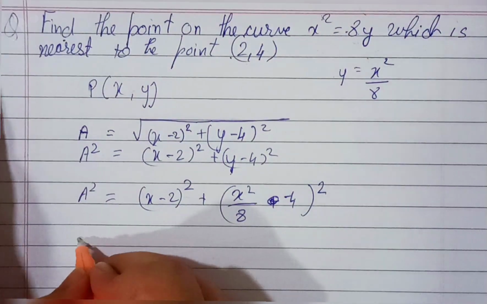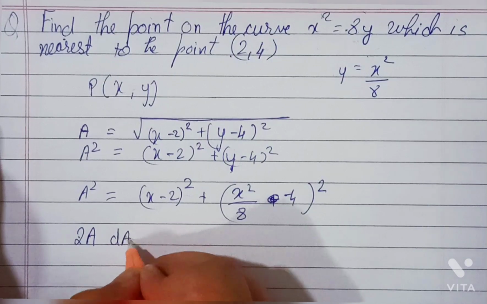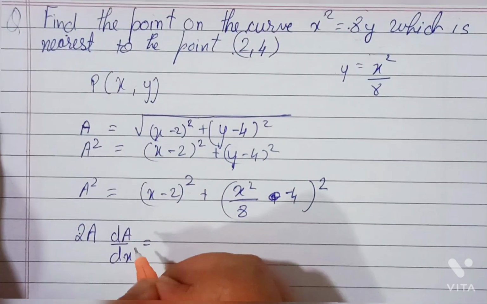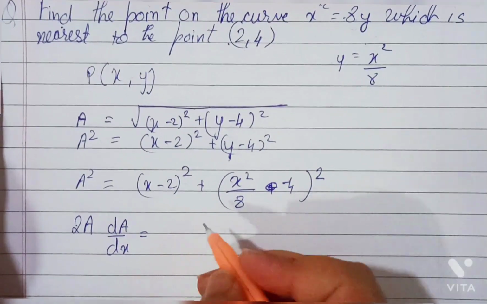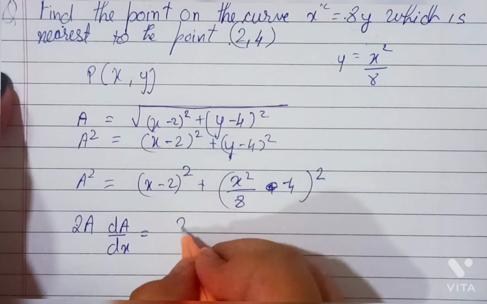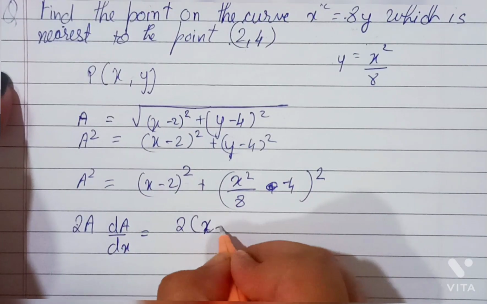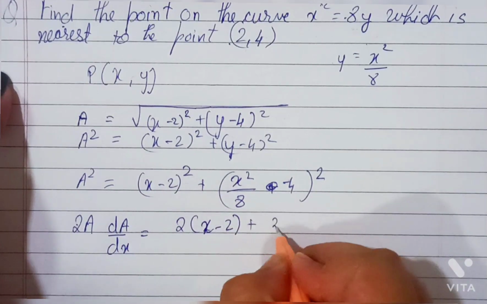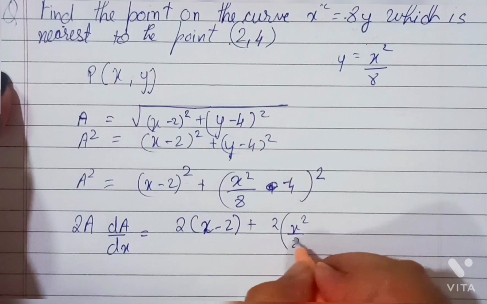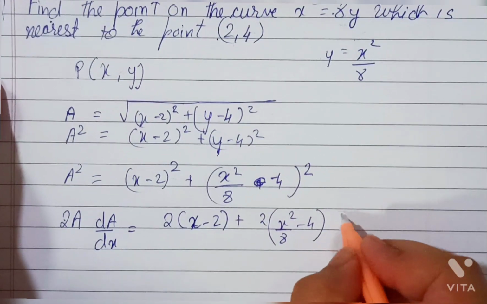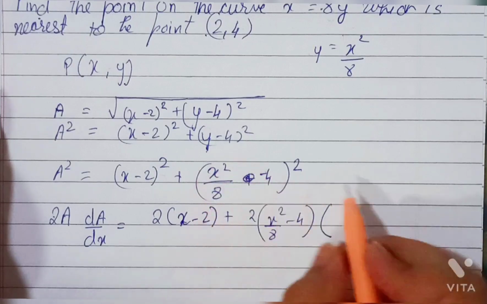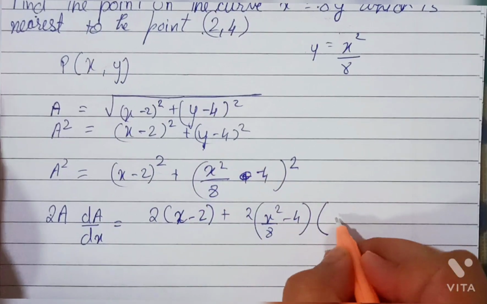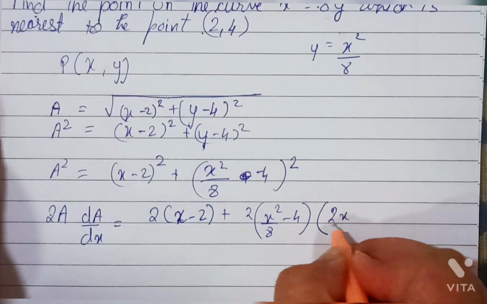Okay, so 2a dA by dx is equal to, differentiating this, 2x minus 2 plus 2 (x square by 8 minus 4) into differentiating this term inside one, that is 2x by 8.